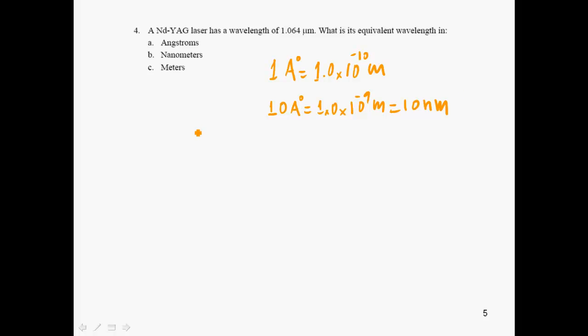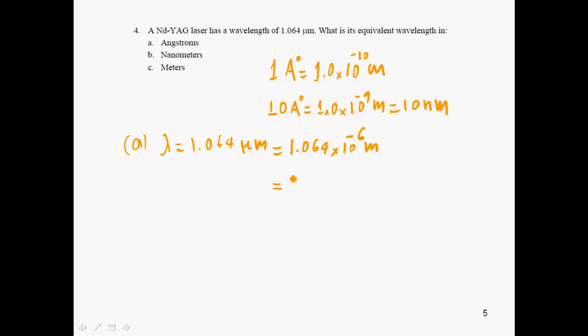Okay, so let's answer A. If the wavelength is 1.064 micrometers, that means this is 1.064 times 10 to the negative 6 meters. So to convert it to angstroms, I need to make this 10 to the negative 10.